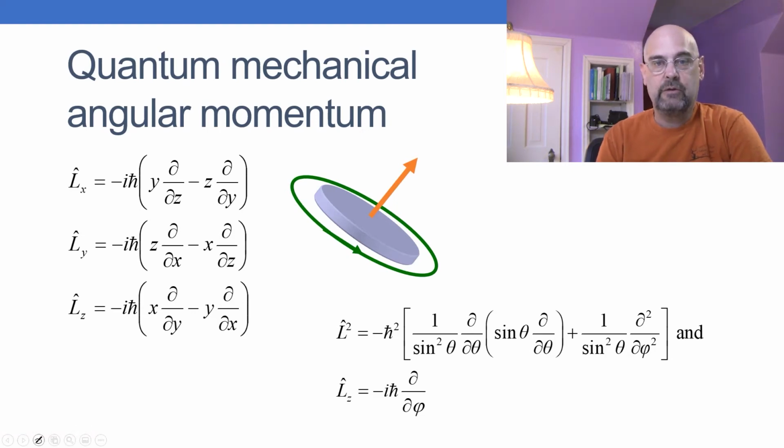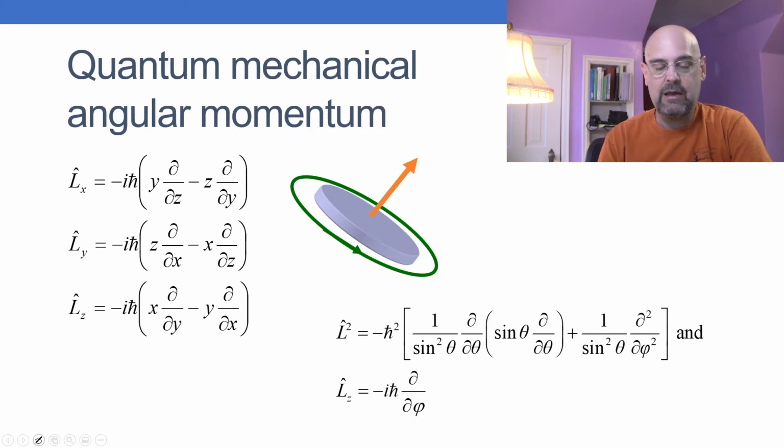If I do this quantum mechanically now, momentum is going to be minus i h bar times the partial derivative. And so I end up with Lx equal to i h bar, y partial z minus z partial y, instead of y pz minus z py.